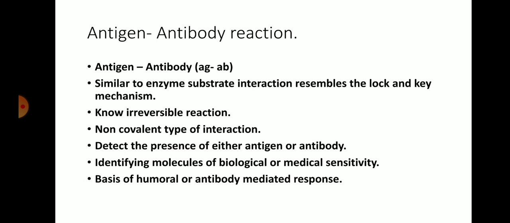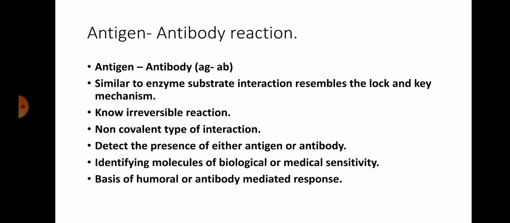The antigen has the epitope and the antibody has the paratope. These antigen and antibody form the complex which is called the immune complex. This immune complex is helpful for the removal of the antigen.